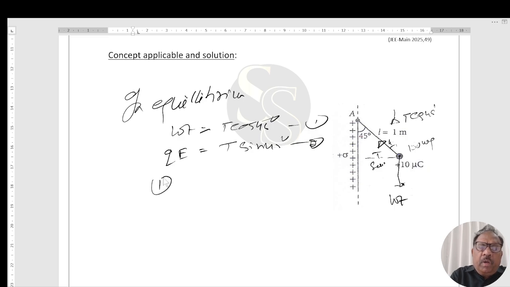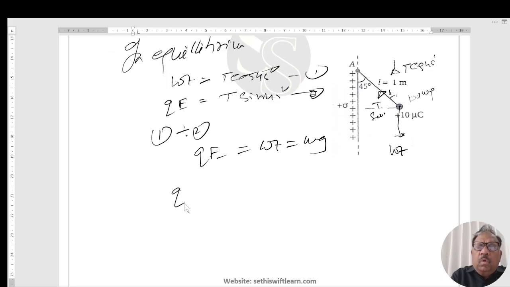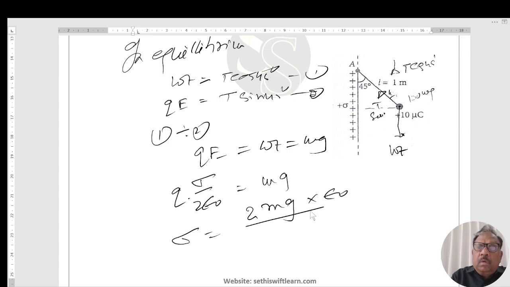If 1 divided by 2, ये दोनों कट जाएंगे आपस में, तो क्या आएगा? Cos 45 sin 45 की वैल्यू सेम है, will be eliminated. Q into E equal to weight, that is M into G, right? Q into sigma over 2 epsilon naught equal to M into G. Sigma will be equal to M into G twice into epsilon naught upon Q.